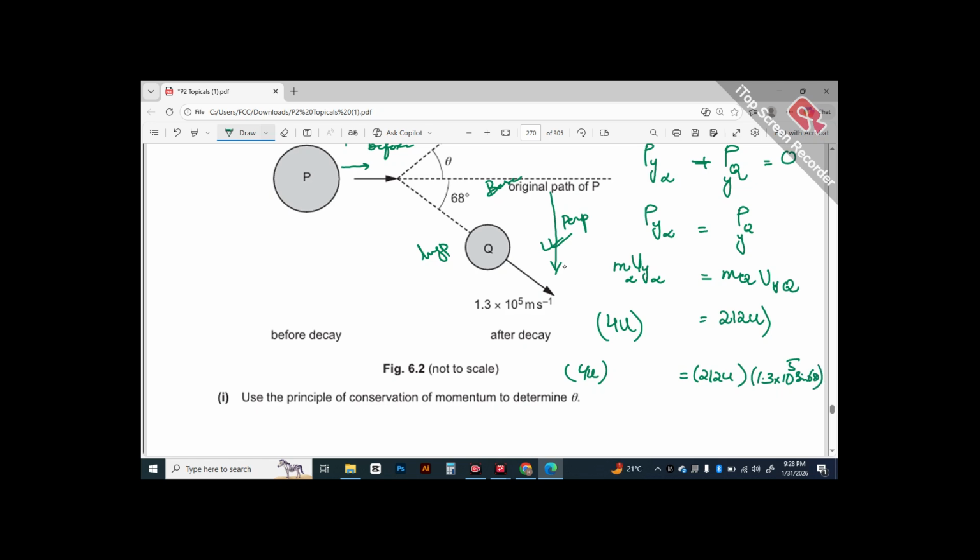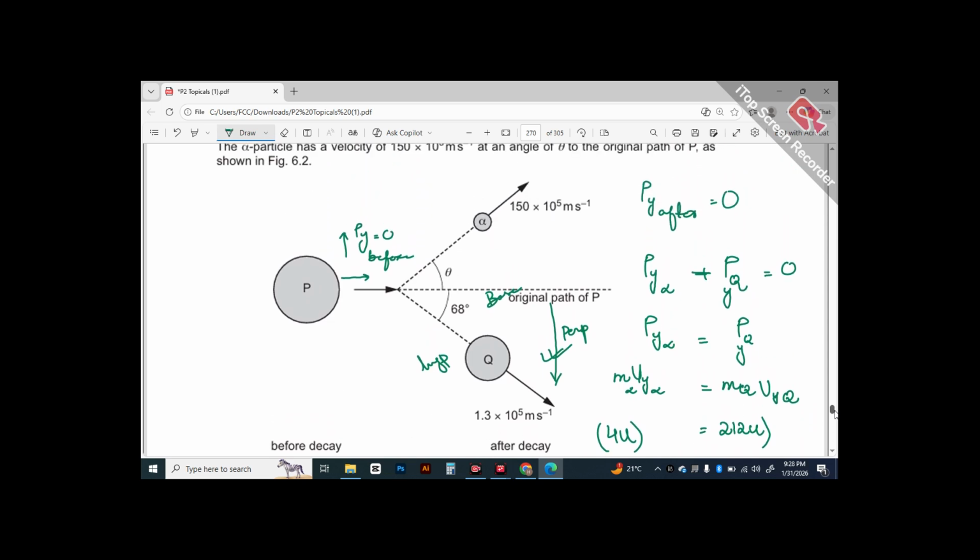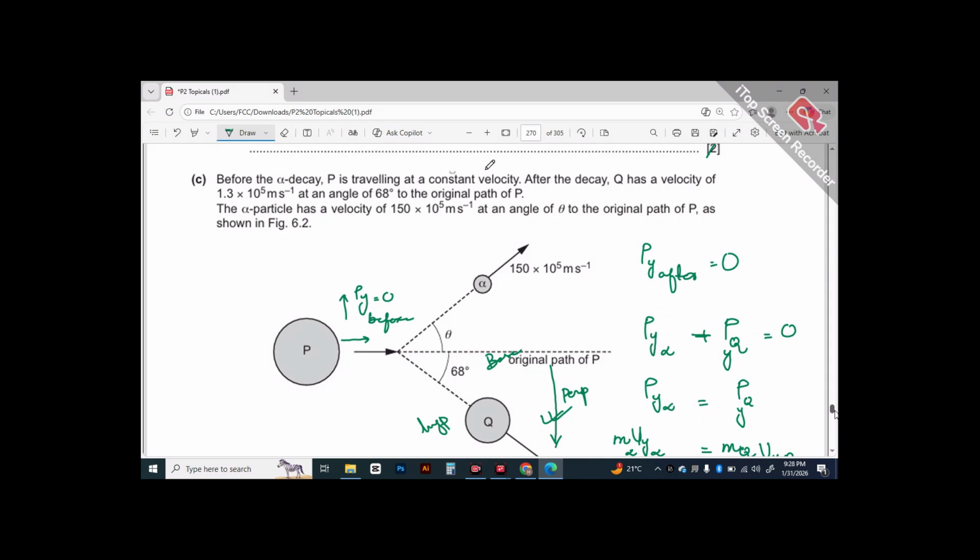And when it comes to alpha's velocity, it was 150 × 10^5, my bad.